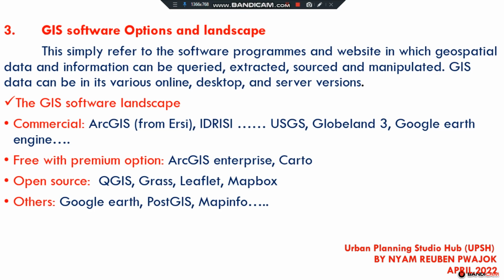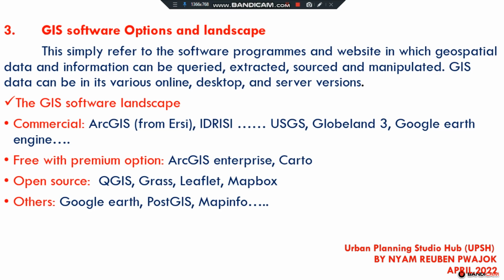Now we have free with premium options like ArcGIS Enterprise and Katos. These are spaces where you can also get GIS or geospatial data, but they are paid, not free. Then we have what we call the open sources, like QGIS, GRASS, Leaflet, Mapbox, ArcGIS or ArcMap, and a lot of them.